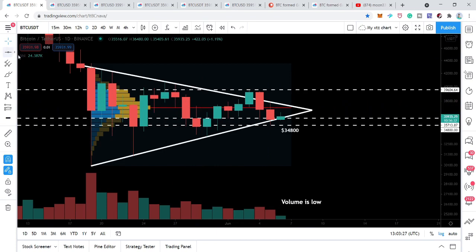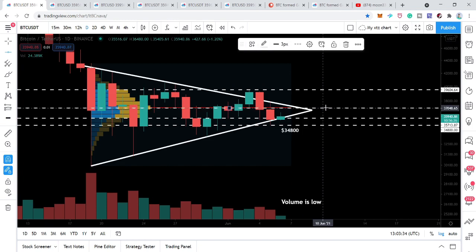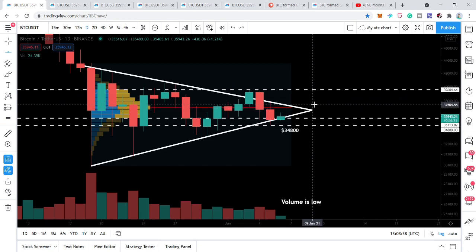If I place another trend line here, then you can see that this point of control is even above this resistance of the triangle. So if the price action moves up at least up to this point of control of this volume profile, then it is easy for the price action to make another attempt for the breakout.